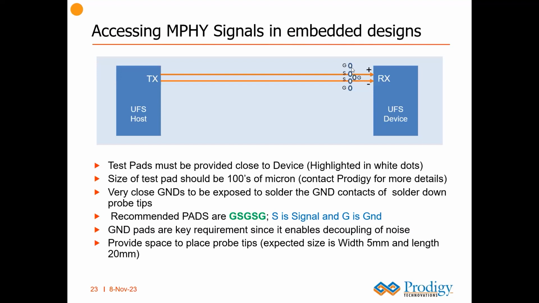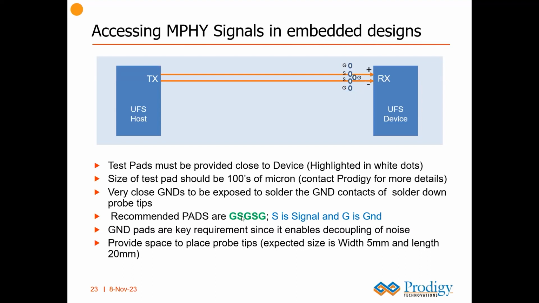We strongly recommend having ground points along with the signals so that we can solder the probe to these test points and also connect the ground of the probe tip to them, so that we can reduce the ground loop and reduce the overshoot, undershoot and signal ringing, and acquire the signal accurately from the test point.